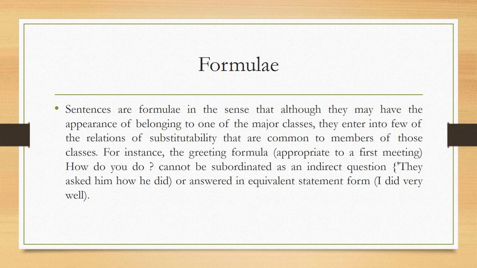A formulae is a sentence that although it may have the appearance of belonging to one of the major classes, in fact does not enter into all the relationships. It cannot be subjected to all the types of transformations that the major class it belongs to can be subjected to.